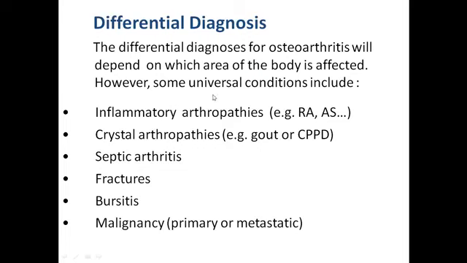However, some universal conditions include inflammatory arthropathy like rheumatoid arthritis, ankylosing spondylitis, and so on; crystal arthropathies like gout or CPPD; septic arthritis, fractures, bursitis, malignancy, whether primary or metastatic. These are the most common differential diagnoses for osteoarthritis.